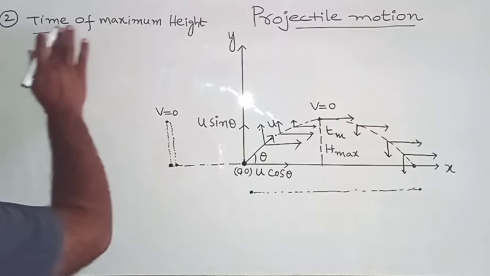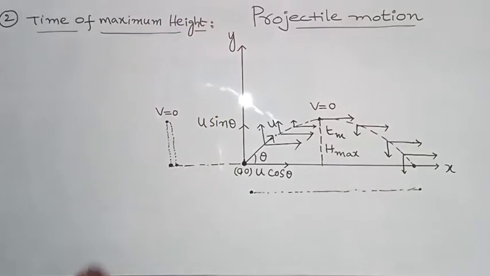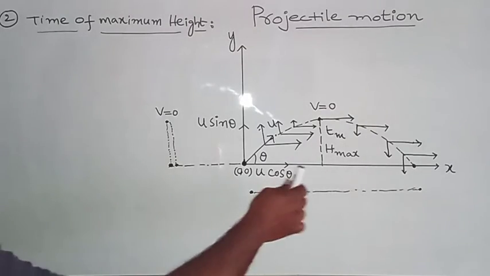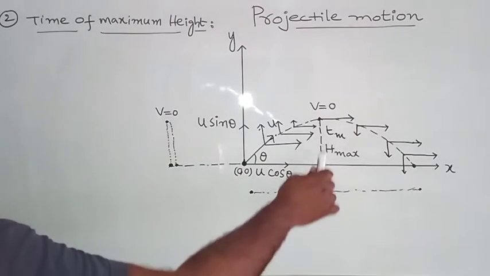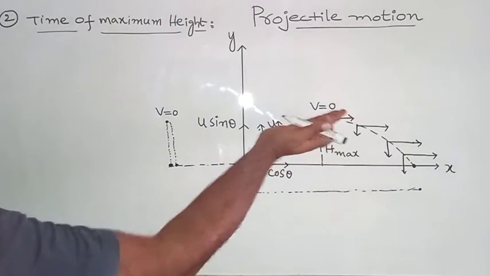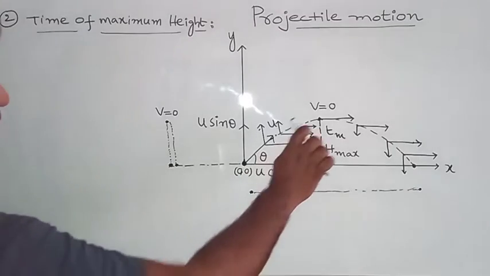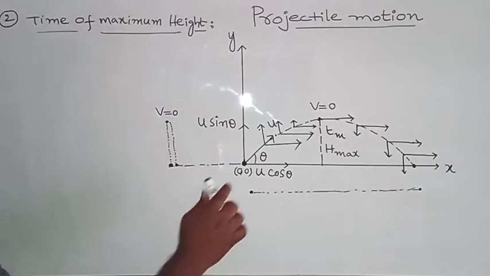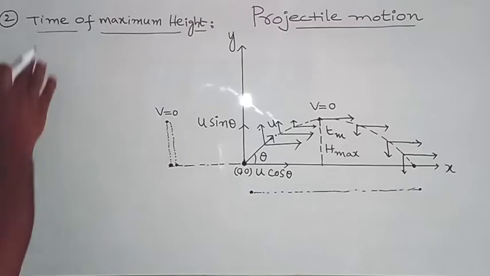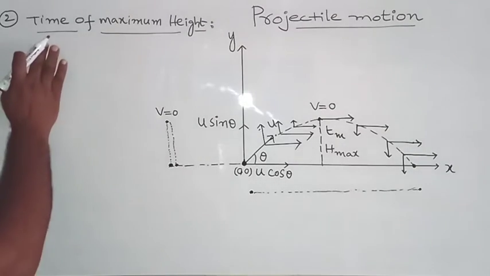This is the vertical direction. Maximum height means how much height is attained by the particle from the earth surface. So from the origin to here, what is the time taken by the particle? That is called the time of maximum height or time of ascent.